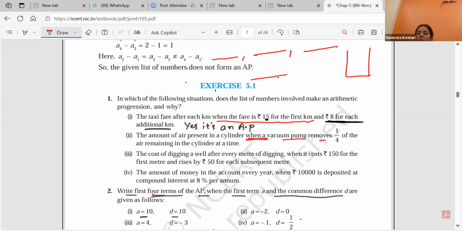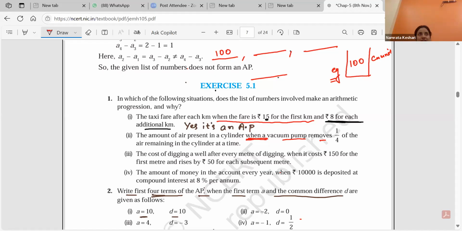Okay, that means suppose I give you one example. You have 100 cubic units of air over here, and a vacuum pump removes 1/4 of the air. At first you have 100 cubic units of air.